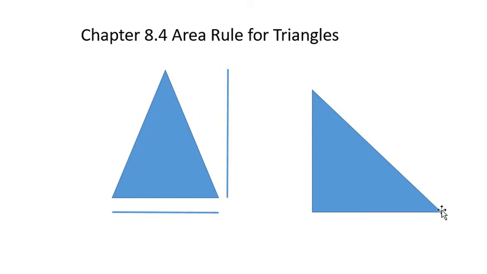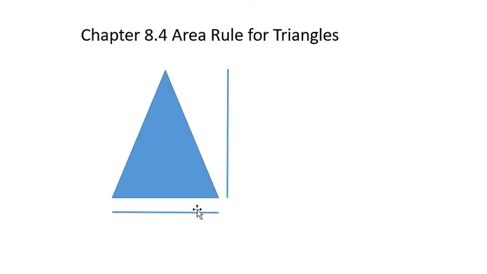An example that is not the height would be from this vertex to this vertex. The height, if we want to measure from this vertex, would go all the way up to here. So we don't need that one right now. So this is our base, and this is our height.